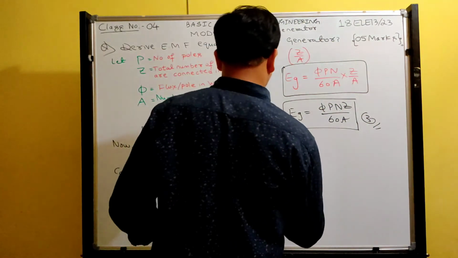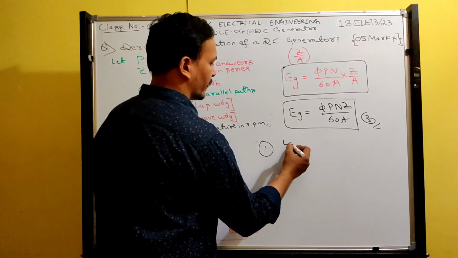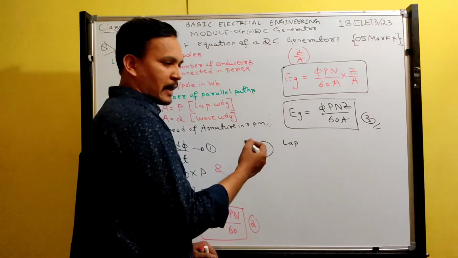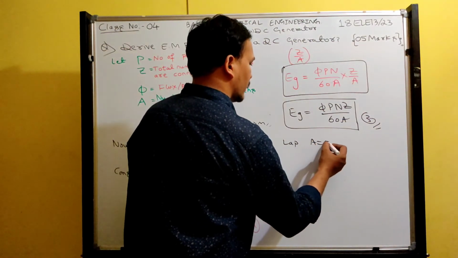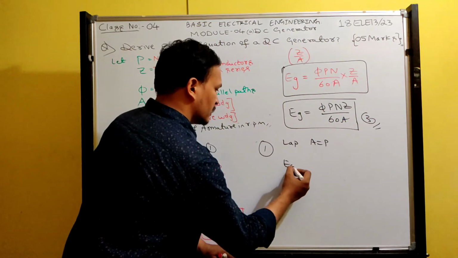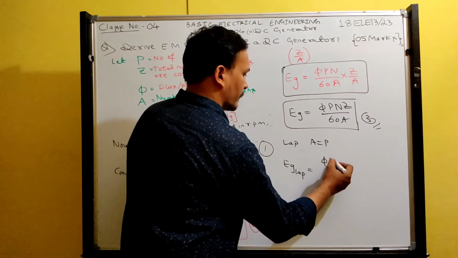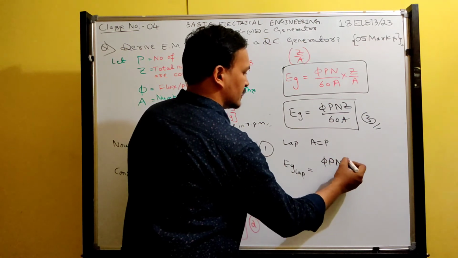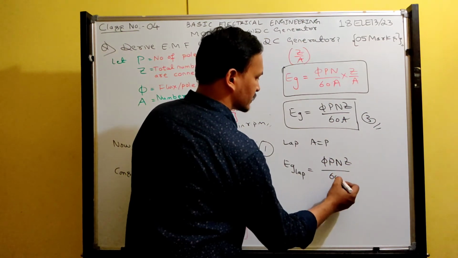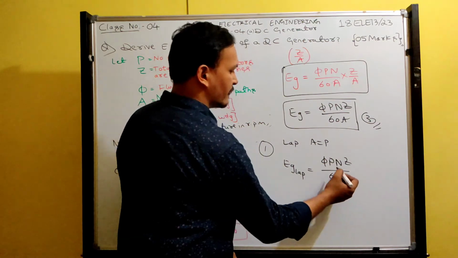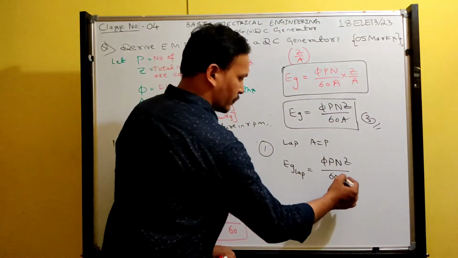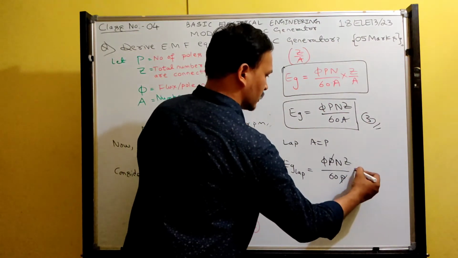Okay, so let's look here now. If it is lap winding, what is A? A equals P. Then EMF generated in lap winding is phi P N Z by 60A. What is the A value? P. Now the poles get cancelled.